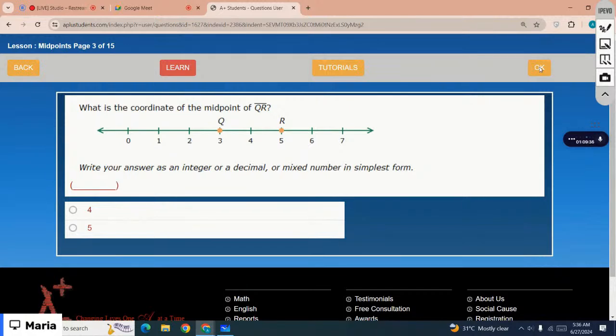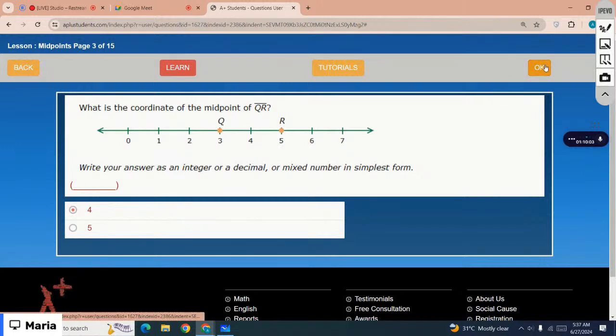What is the coordinate of the midpoint of QR, which is the correct option? The correct option is 4.